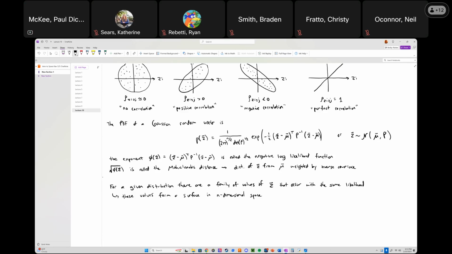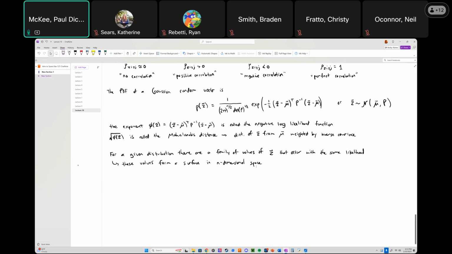Now, continue to bear with me, because it's going to get weirder and weirder until we draw a picture. Since P is positive semi-definite, this surface is an ellipse, or ellipsoid, in n dimensions.